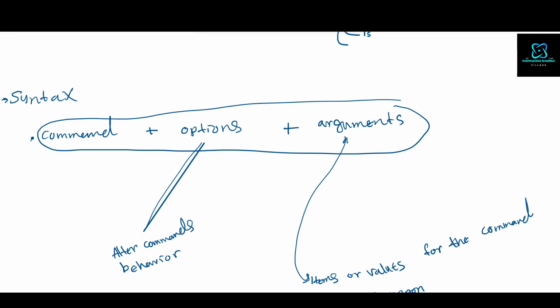The argument's job is to specify what you want your command to act upon. For example, you have the command ls, then the argument: I want to list all the content, for example, of this map, documents.